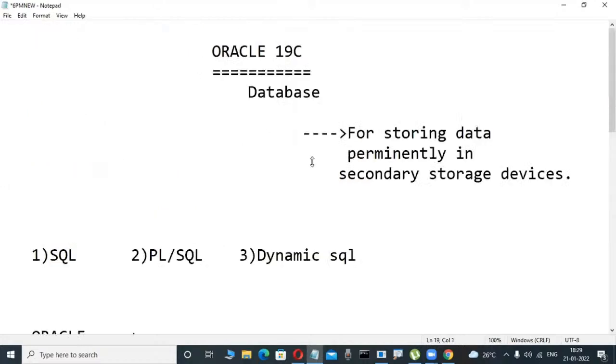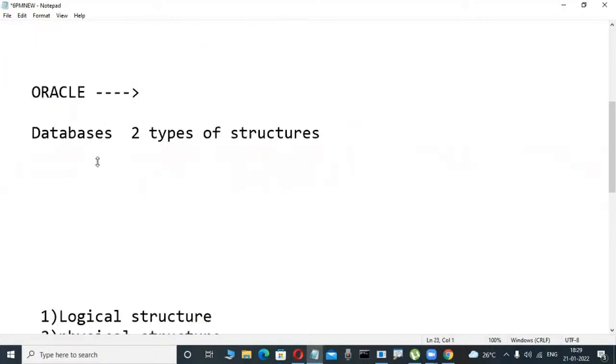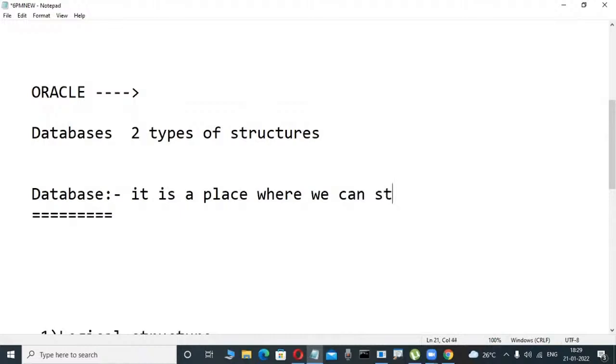Before we tell what the logical and physical structures are in every type of database software, just the database definition: in books, so many fellows are writing like this. Today at least you will understand. What is database? Anybody observing in Google or in books, it says it is a place where we can store, in a computer system, a structured collection of data.